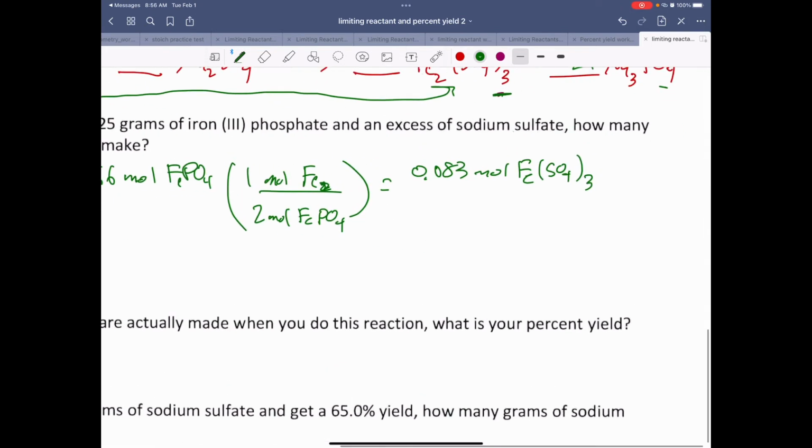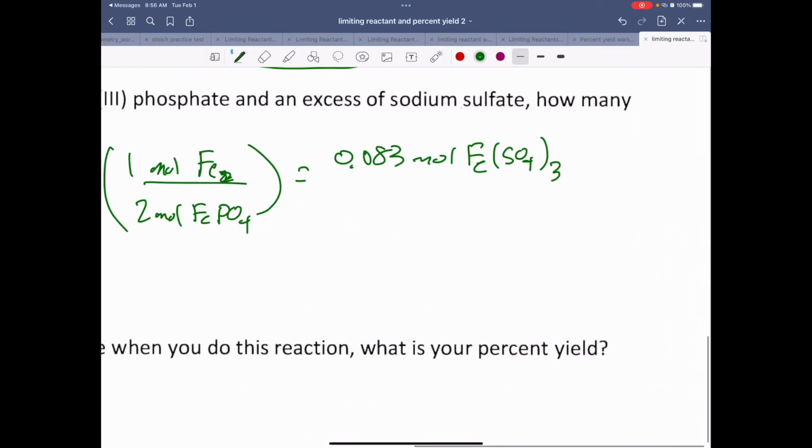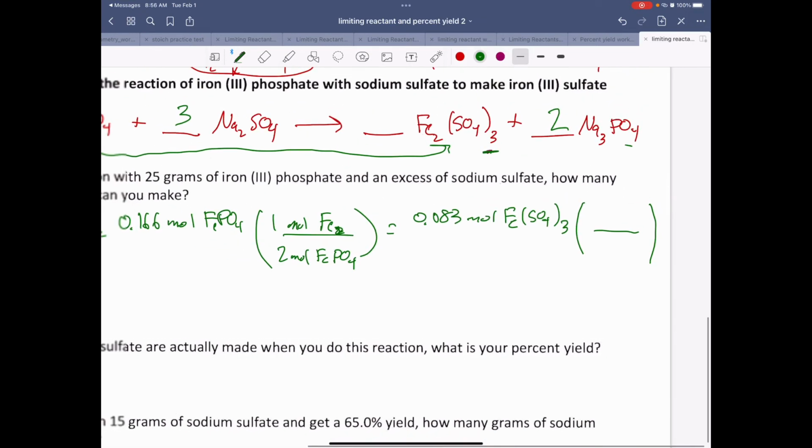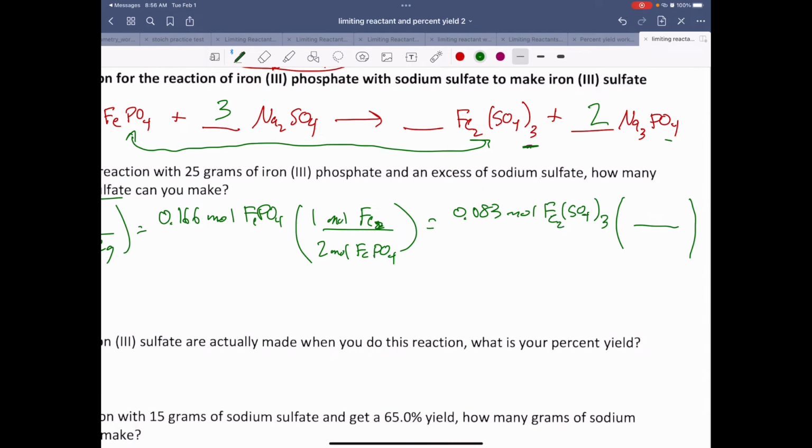So let me just zoom in here because I'm kind of running out of space. So let me add up all these pieces now. So I think Fe2, don't want to forget that too.